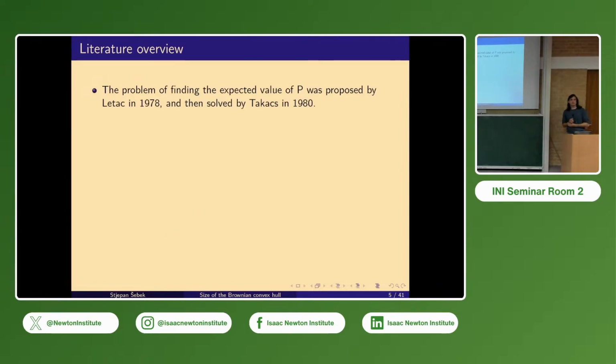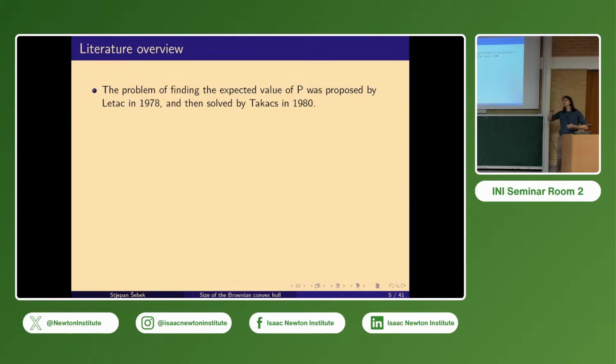So when we let our trajectory run, then we make this convex hull, we have some random set. Then when we attack this random set with these functionals such as perimeter, area, and so on, we get some random variable. Of course a lot of different questions can be asked about these random variables, but we are only interested in expected values.